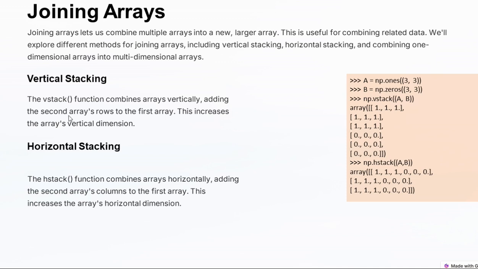That is, we add the second array's rows to the first array, thereby increasing the vertical dimension. But when we are doing horizontal stacking, we add the second array's columns to the first array's columns, thereby increasing the array's horizontal dimension.